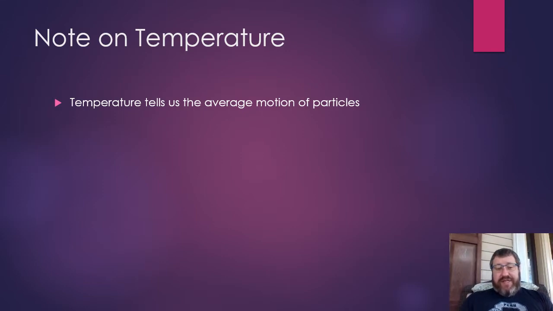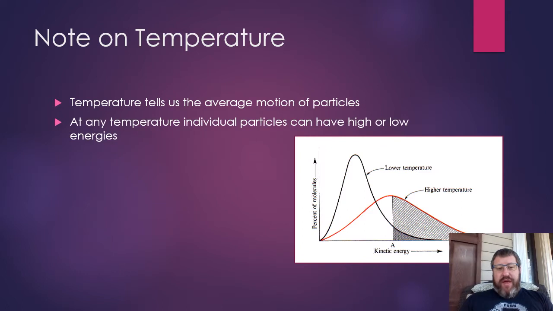It is just that. It is a statistical average, meaning you might have a couple particles that have a very specific motion, but actually what you end up with is a group of particles that have a lot of motions, both high and low.